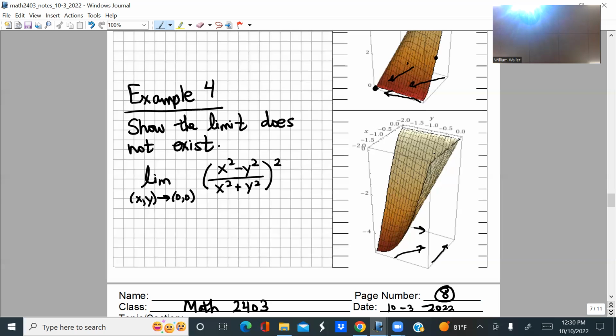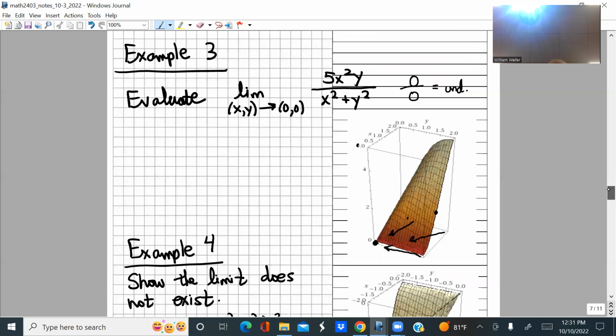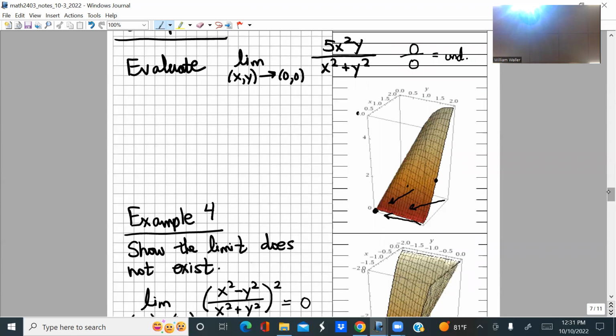So we're thinking that limit does exist, and in fact, I think it's 0. Whoops, wrong limit there. So I'm thinking this limit does exist and in fact is 0. But I'm not 100% certain of that, okay? I'm just thinking that looking at the graph.